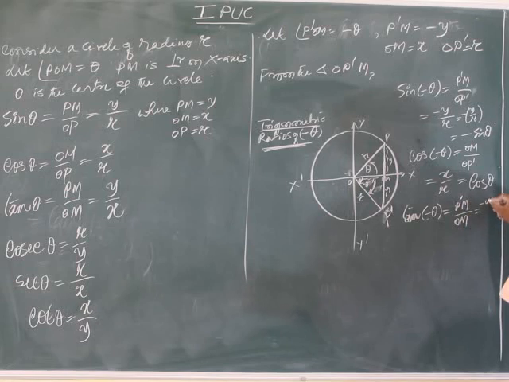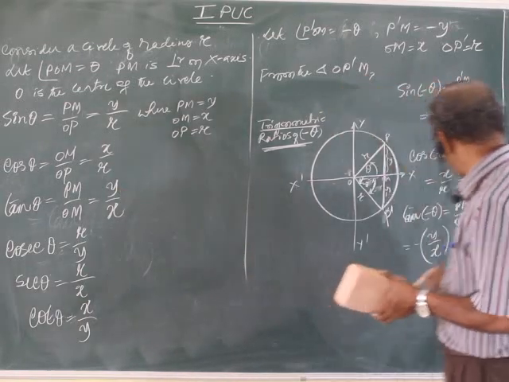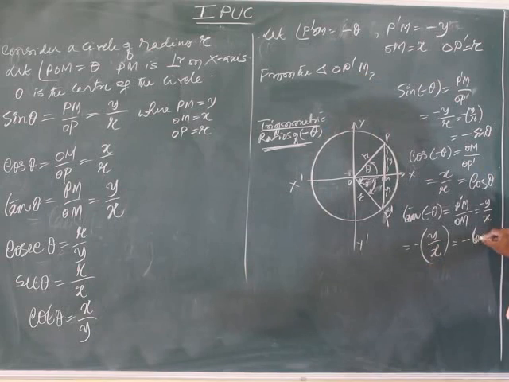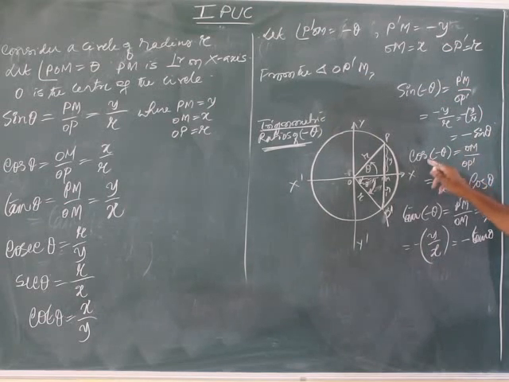P dash M is minus Y, so it is minus Y by X, which is minus tan theta. So sin of minus theta is minus sin theta, cos of minus theta is cos theta, tan of minus theta is minus tan theta.